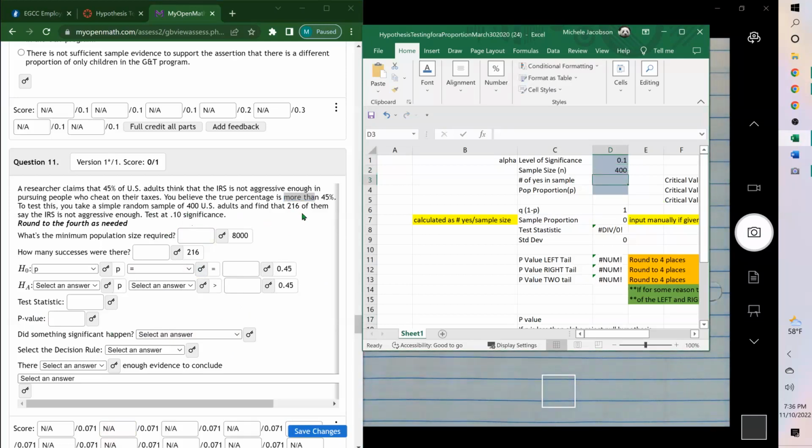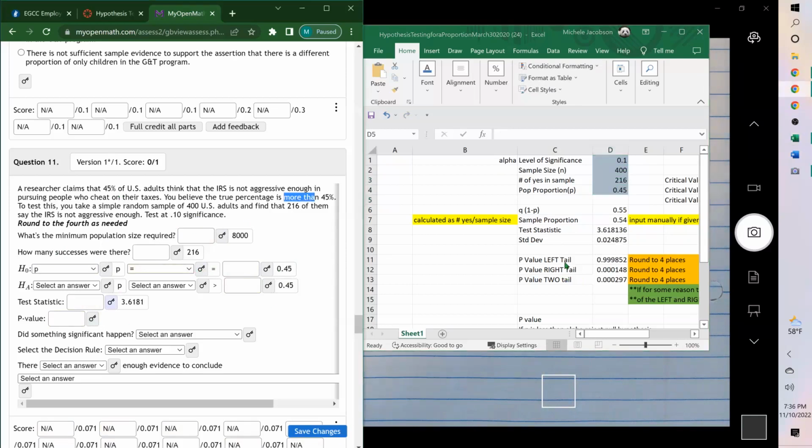The number of yeses, 216. And the population proportion comes from your hypothesis. That's the 0.45. Now they wanted the test statistic and the p-value. The test statistic is right here, 3.618.